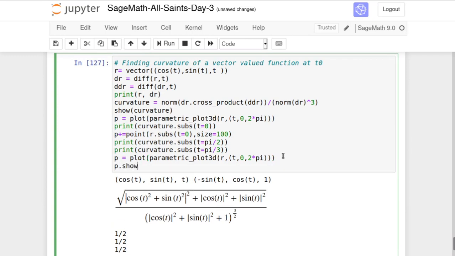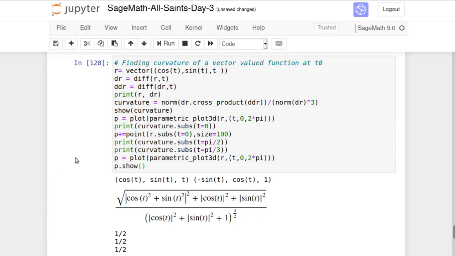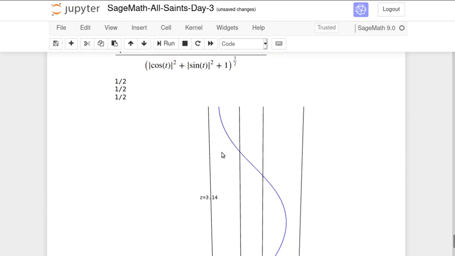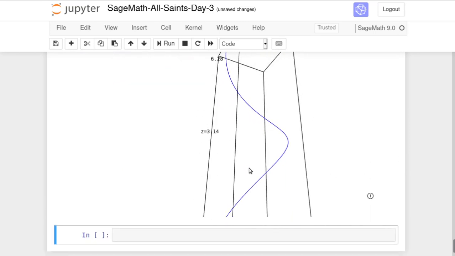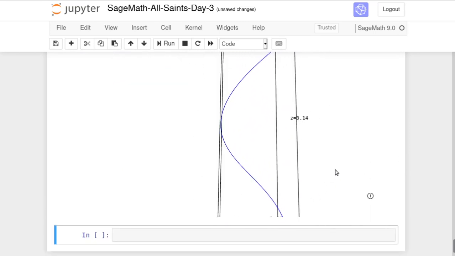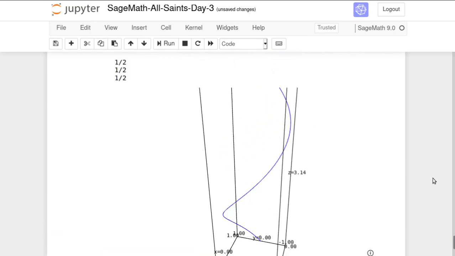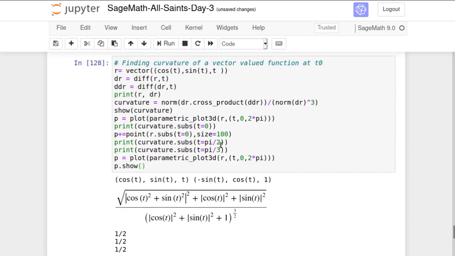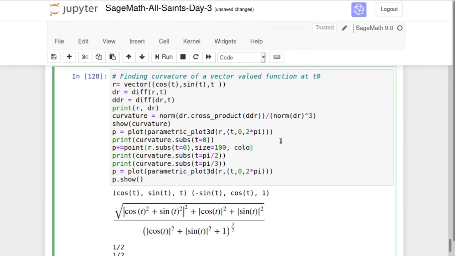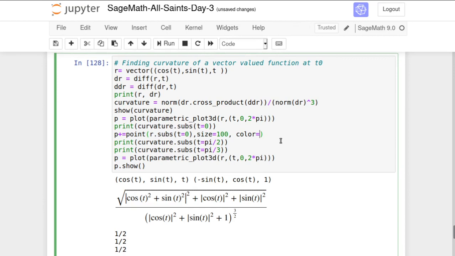P dot show. If you show that, we will get where is that point? I'm not seeing that point anywhere. It corresponds to what value? Curvature point R substitute t equal to 0. Point at 0, maybe some color also I should give. Color equal to yellow or green.